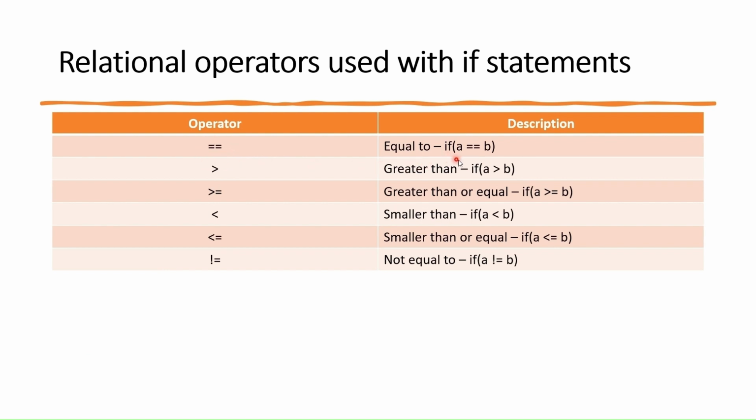For example, if A equals B. Now, the greater than operator, for example, if A is greater than B. Greater than or equal to, if A is greater than or equal to B. Now, we have smaller than, if A is smaller than B. We have smaller or equal. We have not equal to, if A is not equal to B.